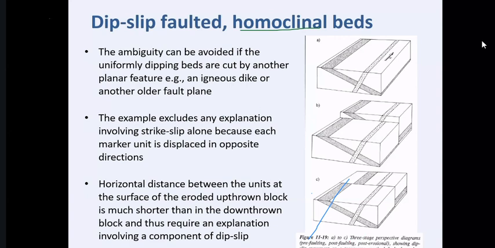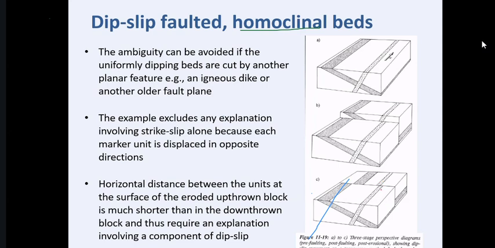It says A to C, a three-stage perspective of a diagram that is pre-faulting. So on a map, you can have complicated issues. This is before faulting. This is A. And then you have faulting. Look at the marker beds there. And then you have erosion of that surface.